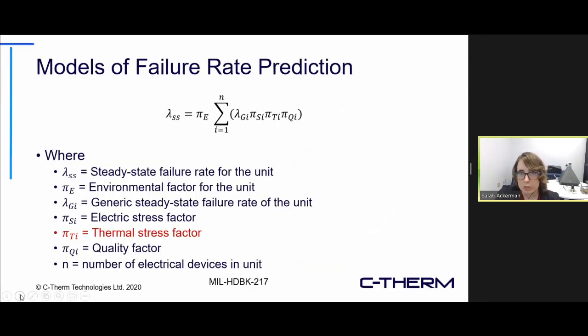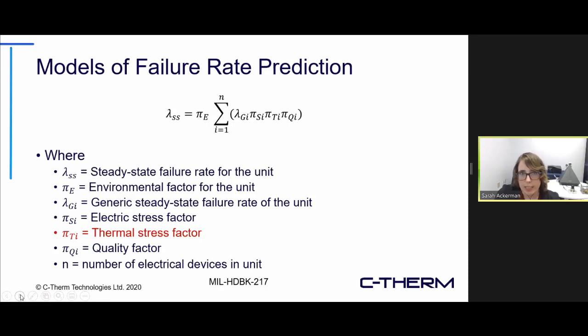All models of failure rate prediction really have the same sort of concepts, even if they stick them together in a different way. So I'm highlighting the one from the military specification here, MIL-HDBK-217, but as I mentioned before, there's a number of other similar standards out there, and they all tend to have the same sort of elements in them, even if they're arranged differently.